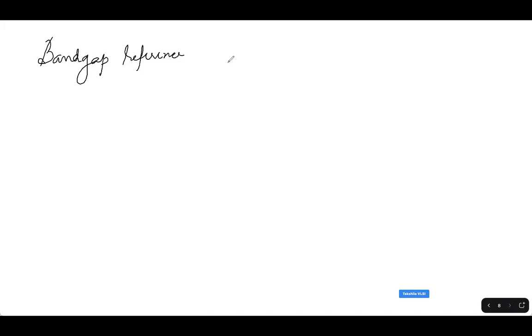Now, what is the basic concept behind the band gap reference? Do we have some circuit inherently that can always give 1.2 volt? No, we have to build a circuit. To build a circuit, we have to make use of the characteristics of the devices and materials that are present.